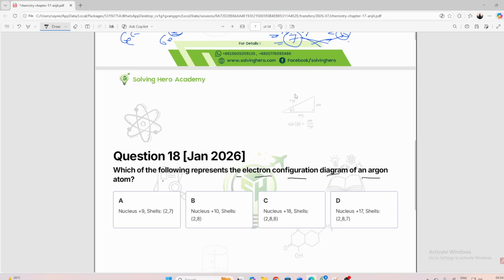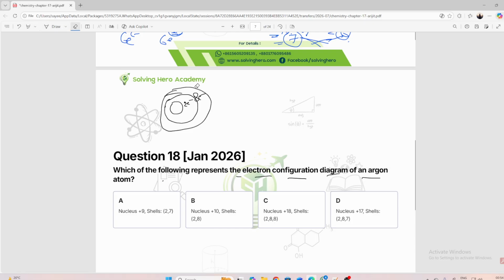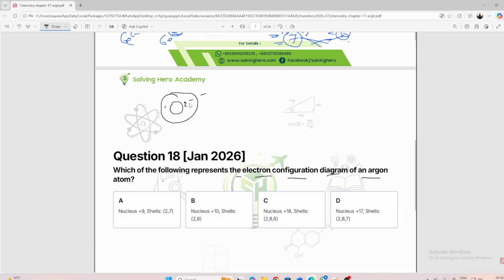Before I teach you about the diagram, we have already discussed that the first shell holds 2 electrons, the second shell holds 8 electrons, and the rest of the electrons will be in the outermost shell. Am I clear?